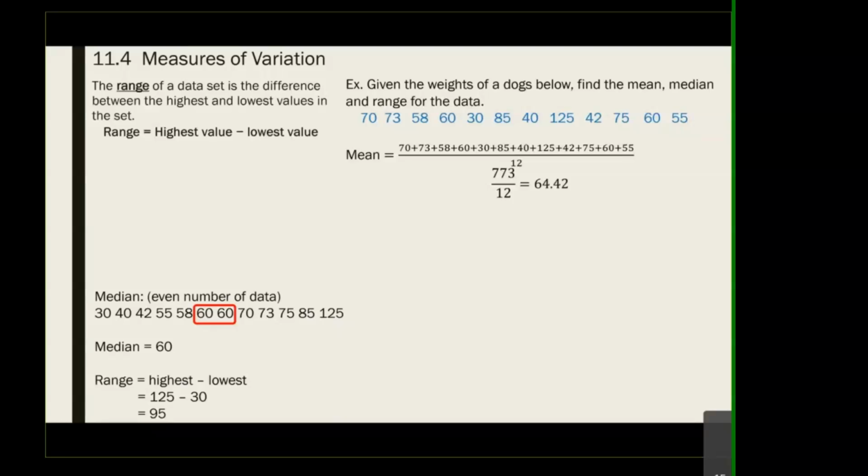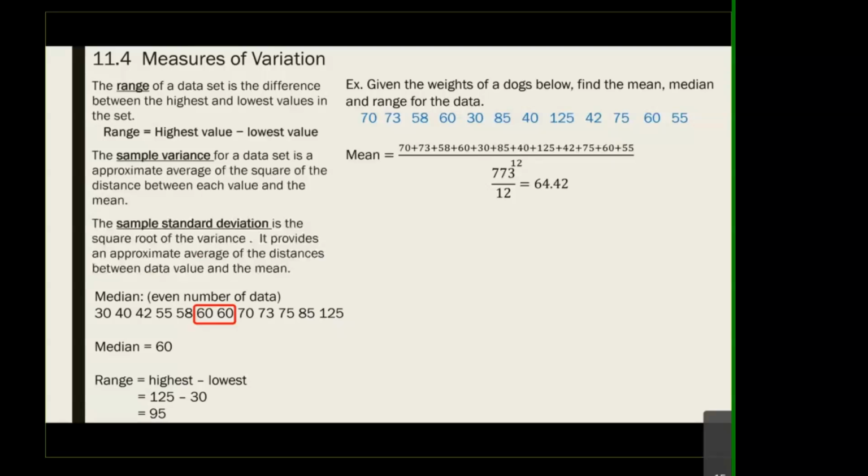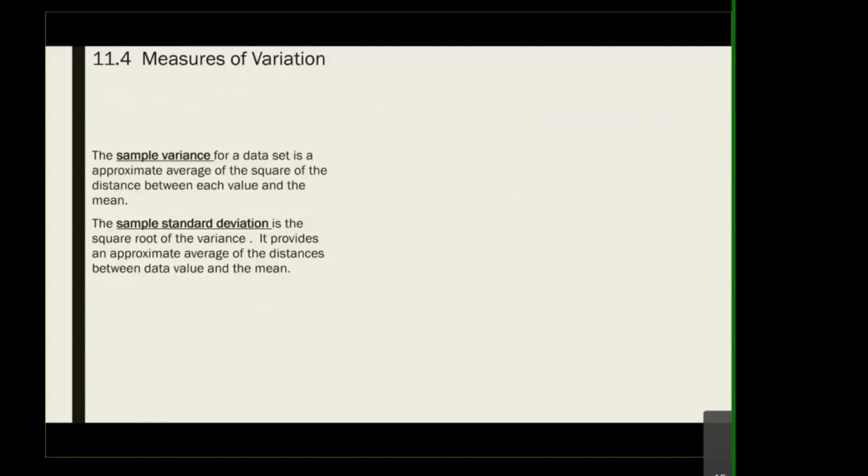So let's take a look at this, which is the item that we want to go over today: how do we find the sample variance and the sample standard deviation. The sample variance is basically the approximate average of the squared distances. The squared distance basically tells you how far each of your data is from the mean, okay?